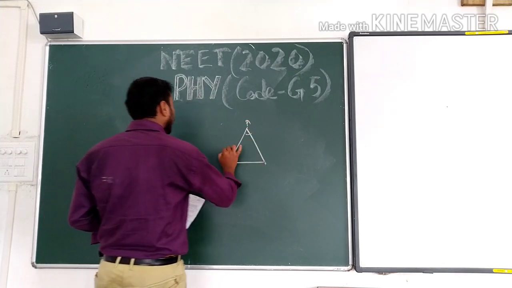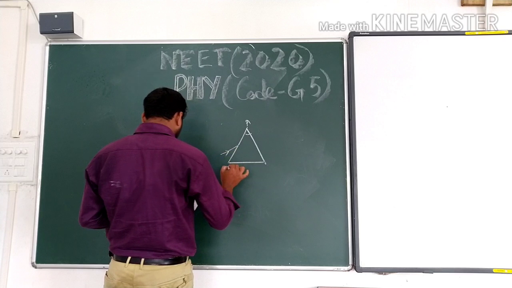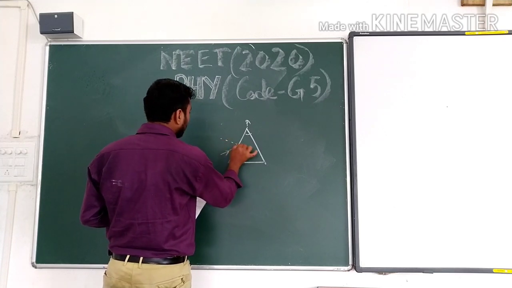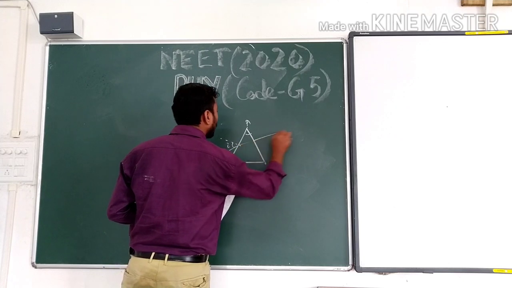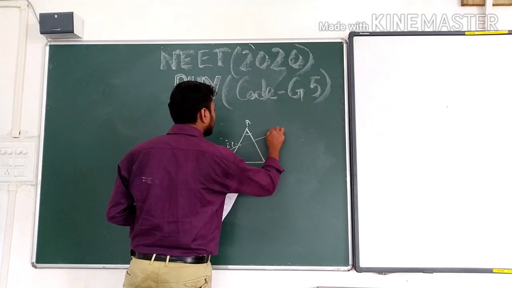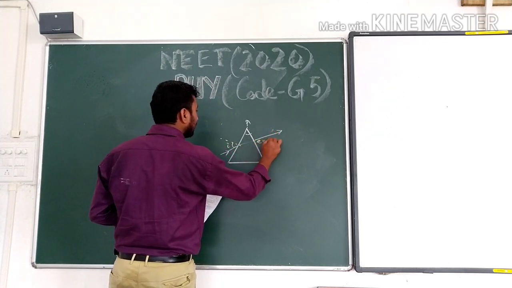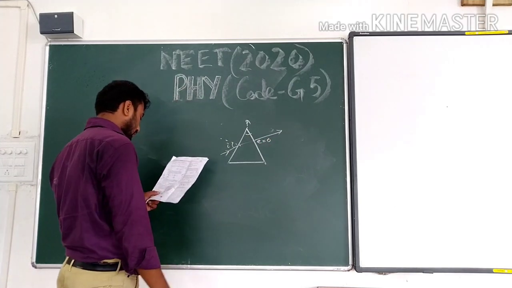The light is incident at an angle i and emerges normally. Then the emergent angle is 0.